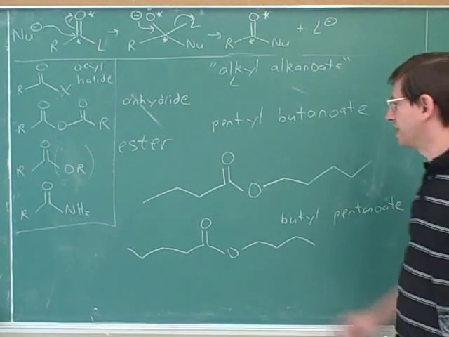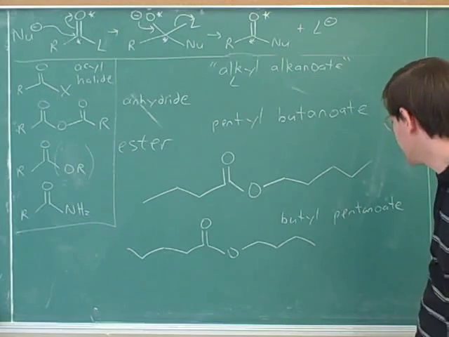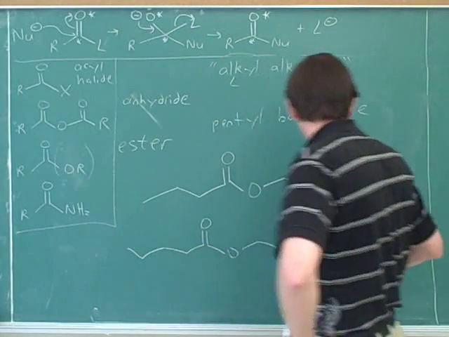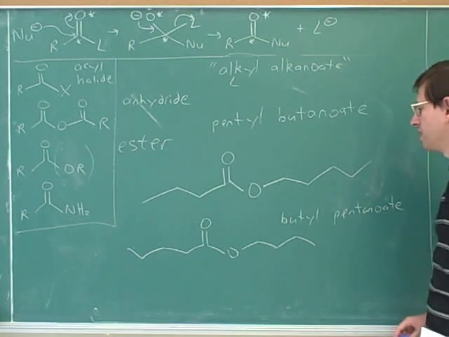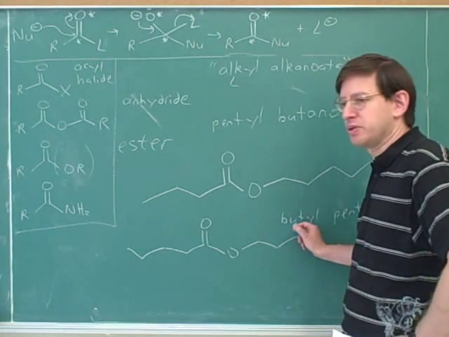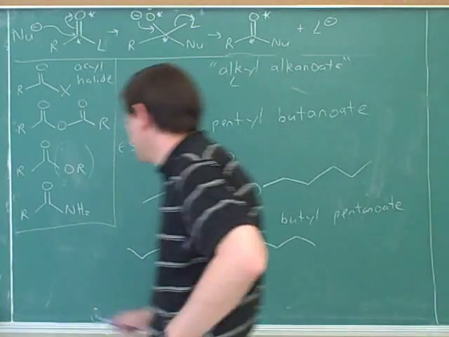Sounds good. I just kind of shifted the position of the two carbon chains. Now the main chain has 5 carbons, that's pent. No double bonds means an, and it's an ester, so it's -ate. And then we name the L group out in front as butyl. That's right, butyl pentanoate.